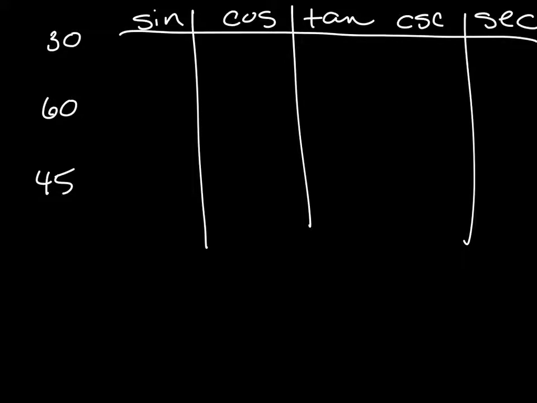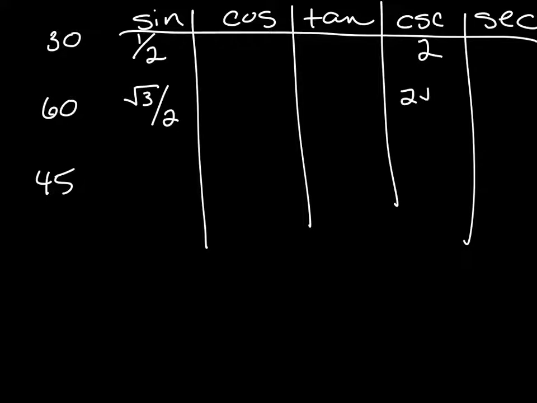So sine of 30 is 1/2, which means that cosecant is 2. No big deal. Sine of 60 is square root of 3 over 2, which means we just did the reciprocal of sine and got the cosecant, which was 2 square root of 3 over 3.